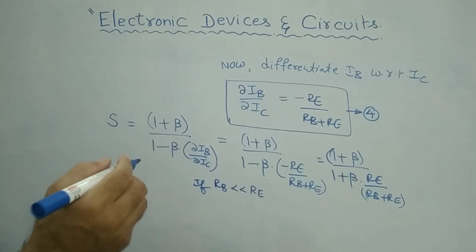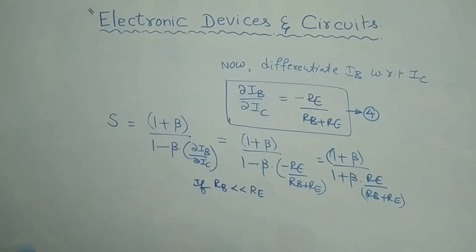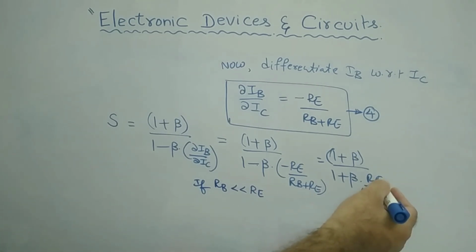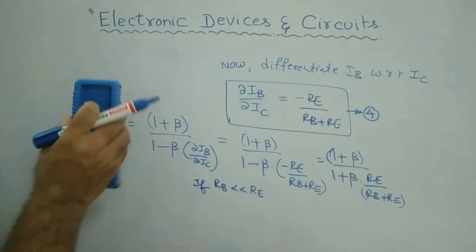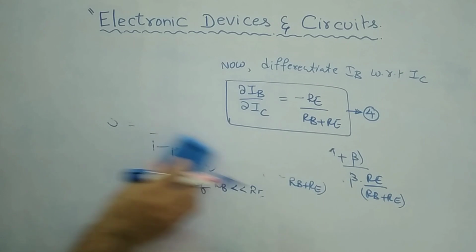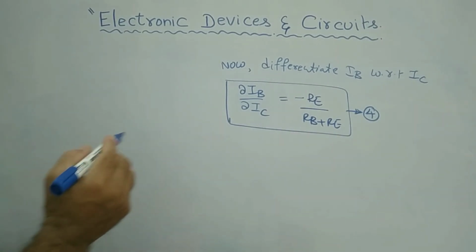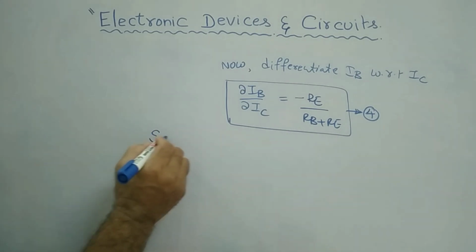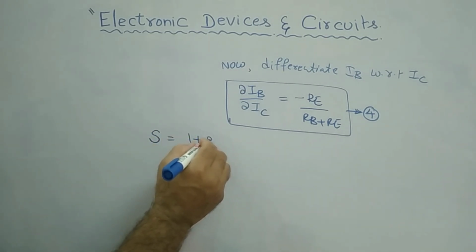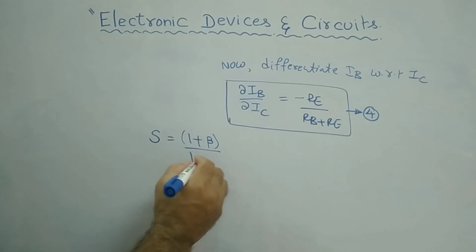Therefore, S is equal to 1 plus beta by 1 plus beta. Assume RE is very much greater than RB, then the sum of RB plus RE becomes RE. Therefore RE by RE cancels out. Then you will get 1 plus beta by 1 plus beta. Therefore, your stability factor is 1 plus beta by 1 plus beta.